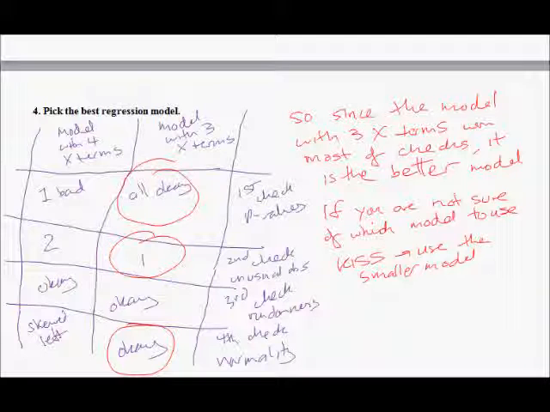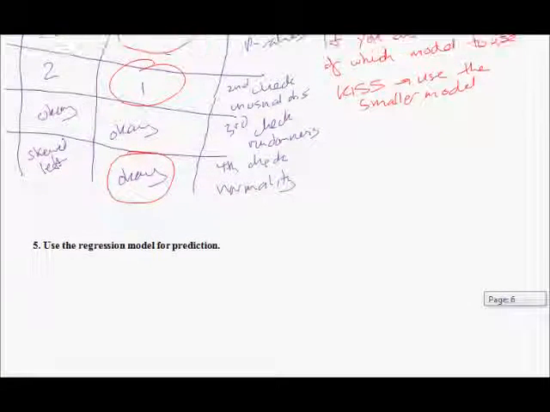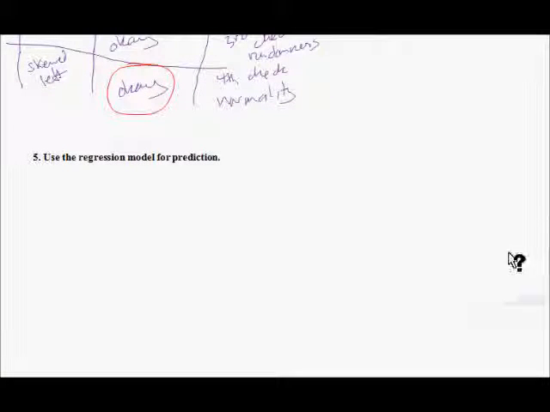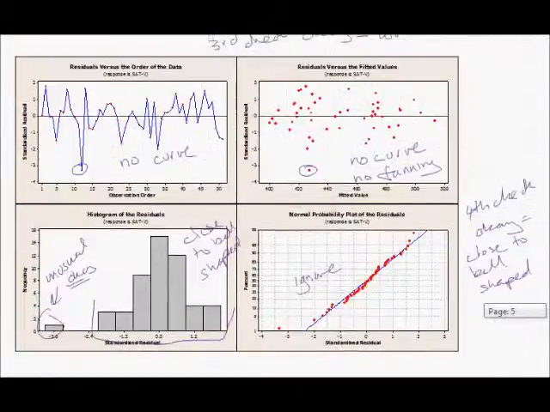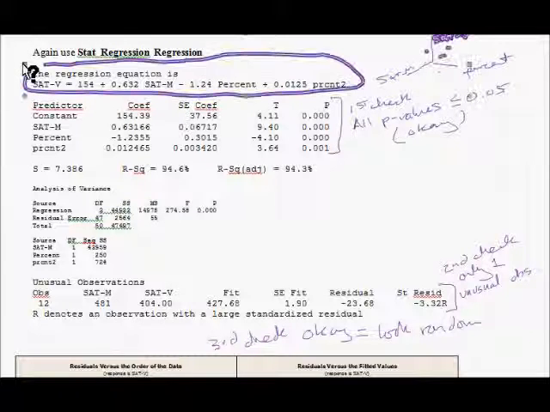Okay, so that is our check as far as which model is best. Using the regression model for prediction. Okay, so now what's our model? So let's go and get our model. So our model, go back up here, is this thing here, right? So here's our regression equation.